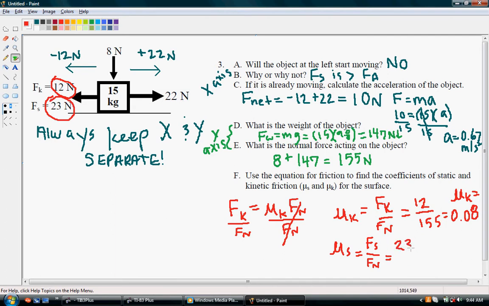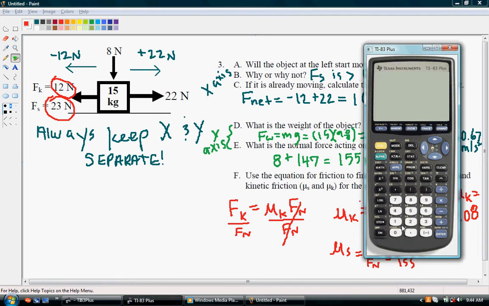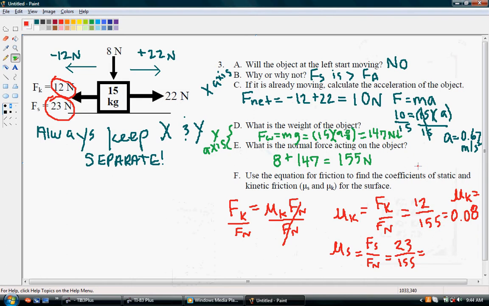Alright, we're going to get 23 newtons over our normal force, which we calculated to be 155 newtons. So we plug that into the calculator. 23 over 155. And we get 0.15. So our static friction coefficient is 0.15.